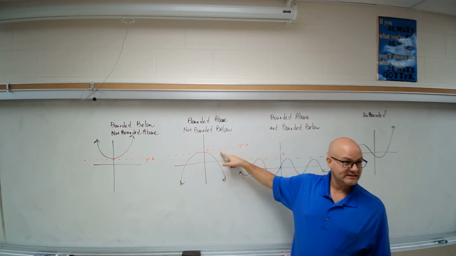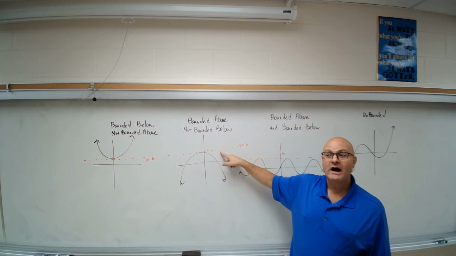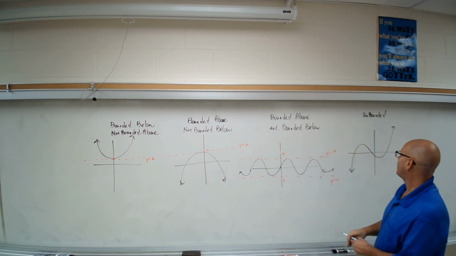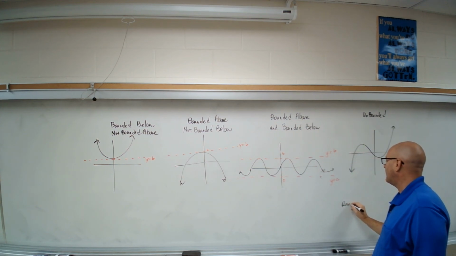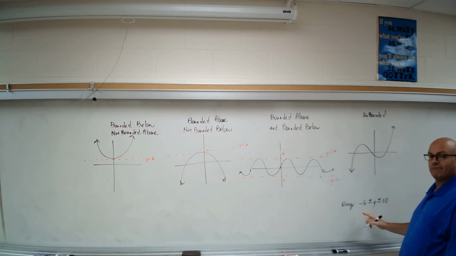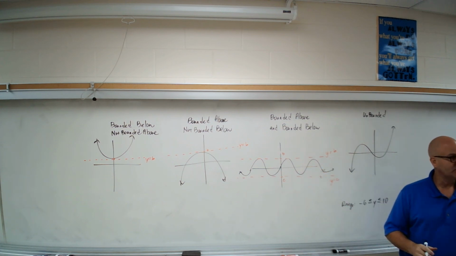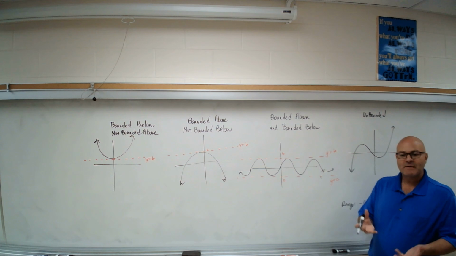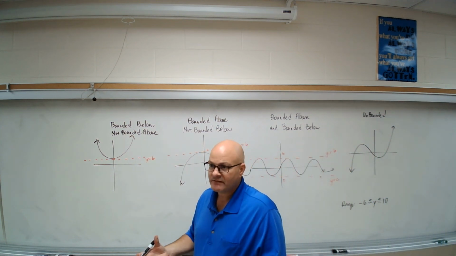What if y is greater than 5? What if the range is something like negative 6 is less than or equal to y is less than or equal to 10? So you could tell if they're bounded by looking at the ranges, correct? To make that connection will make it a lot easier for this to make sense.